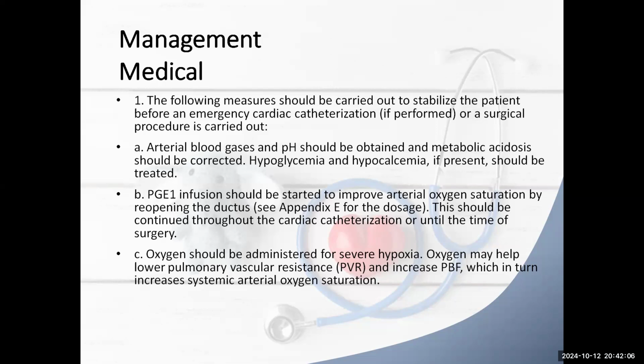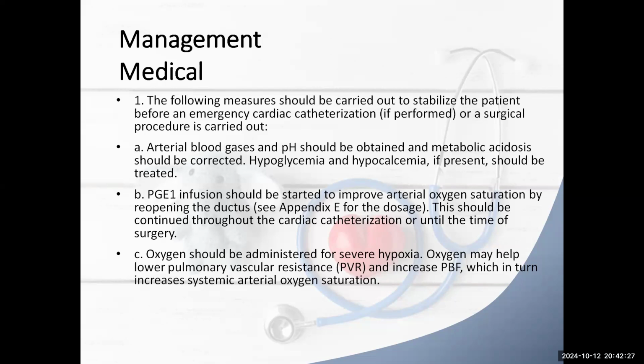It is an emergency treatment only for a few days, and we need another definite maneuver to keep this patient alive. It depends on whether the patient is in a cardiac center or not.